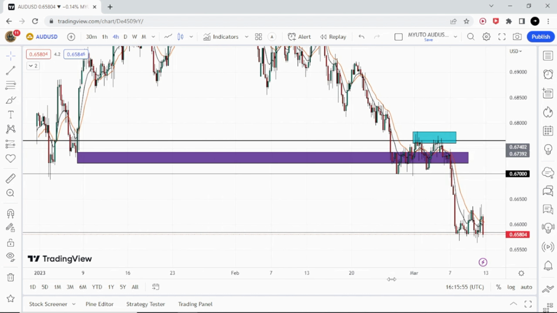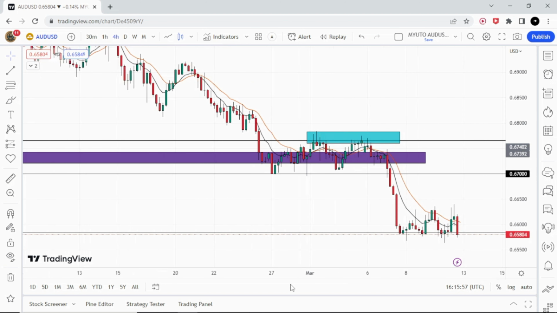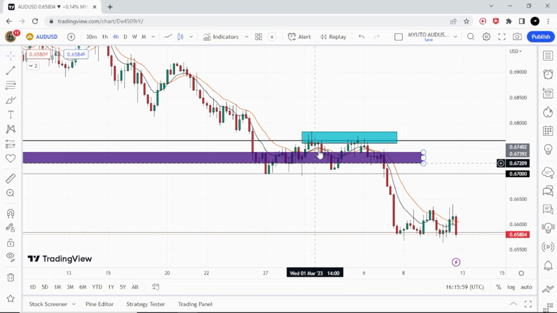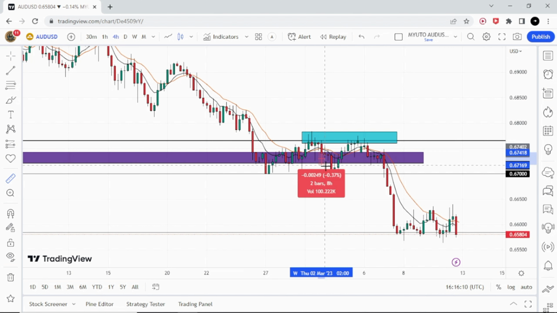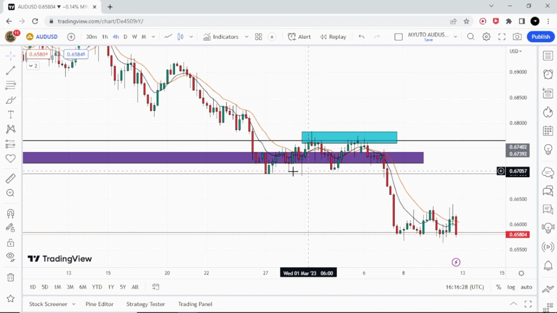So now it found resistance at this level, gave me the bearish engulfing candle, came down 36 pips in profit, then found support at this liquidity level here and started pushing up.